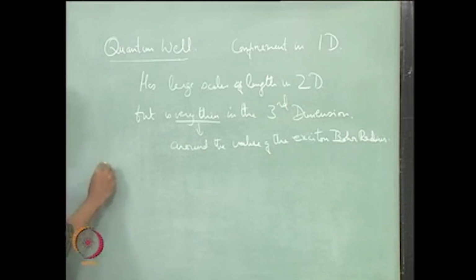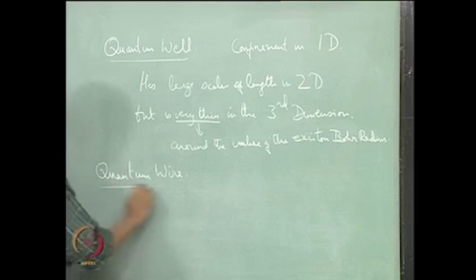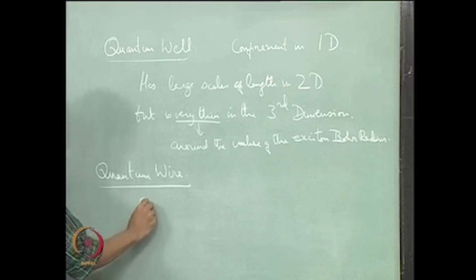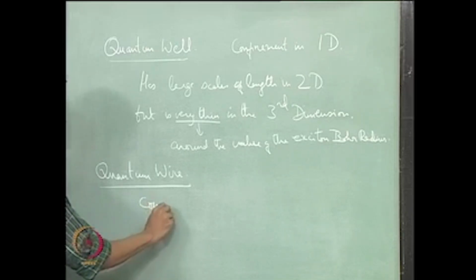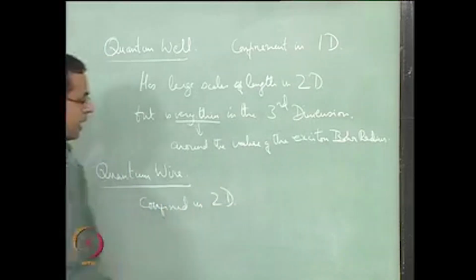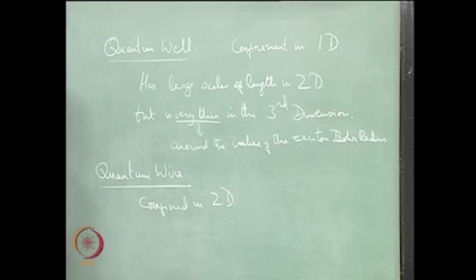Then we have a quantum wire, where you make an extremely thin wire of the material that you are interested in. So it is confined in 2 dimensions, and in 1 dimension it is free to go as far as it can, there is no confinement in that sense.